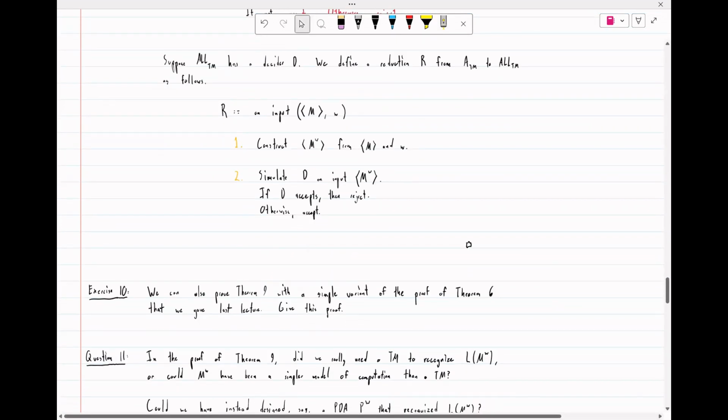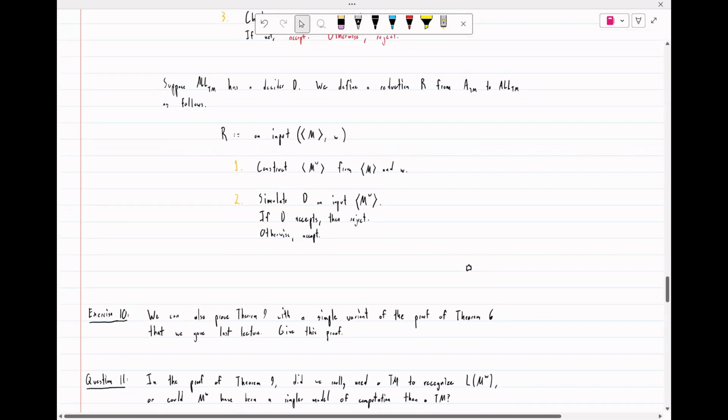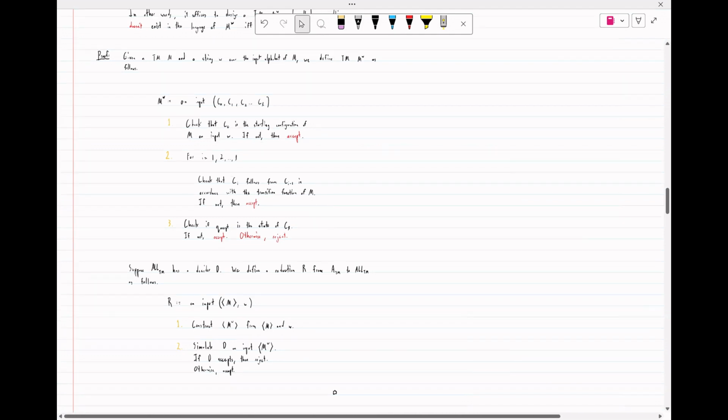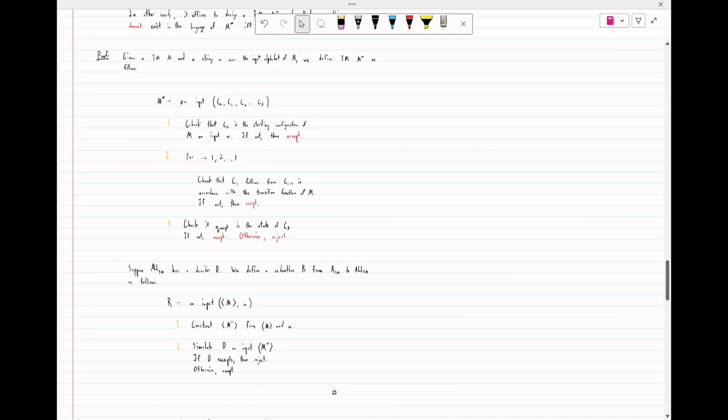Where we want to go with this is the undecidability of all PDA. So now the central question is, all right, how can we take this proof that ATM is undecidable, or that all TM is undecidable, and instead change it so that we get that all PDA is undecidable?